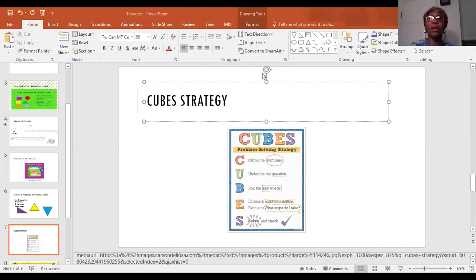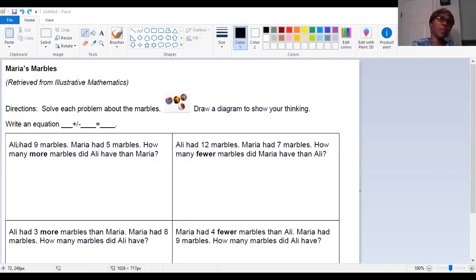So I'm gonna go back to the other screen. All right, so it says Ollie had 9 marbles. Maria had 5 marbles. How many more marbles did Ollie have than Maria? What did we say we were going to use?